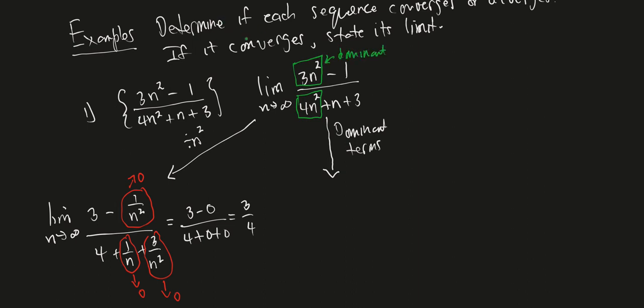And because they dominate all the other ones, again, and this only works for limits at infinity, right? Plus or minus infinity. I can replace this limit with this limit, 3n squared over 4n squared.